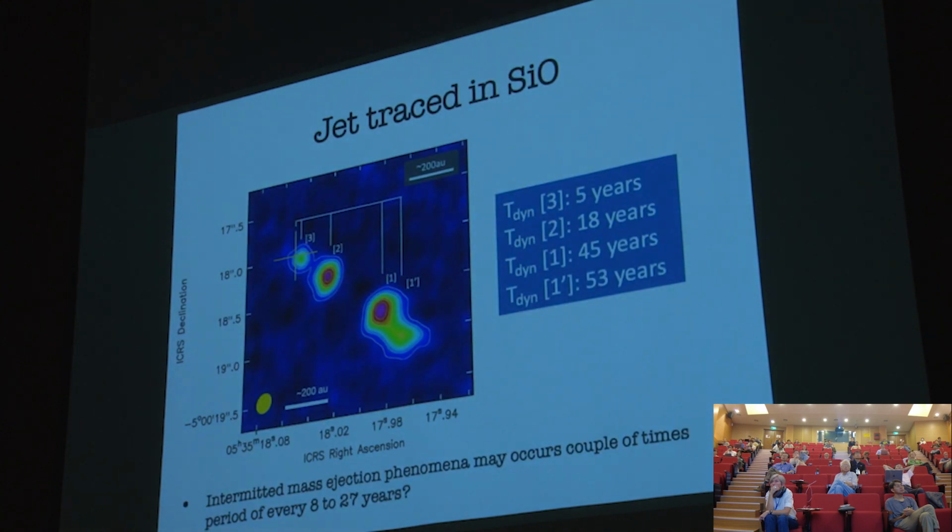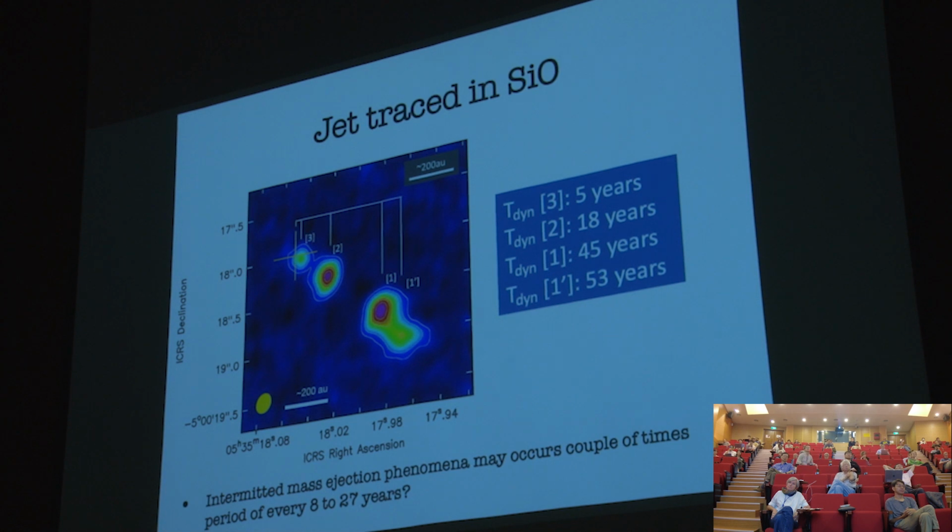The time scale to each node is calculated again, because the jet itself is very, very compact. The node closest to the center is only 5 years, up to 53 years. If we assume the SiO emission is related to episodic mass ejection, then this intermittent mass ejection happens every 8 to 27 years.